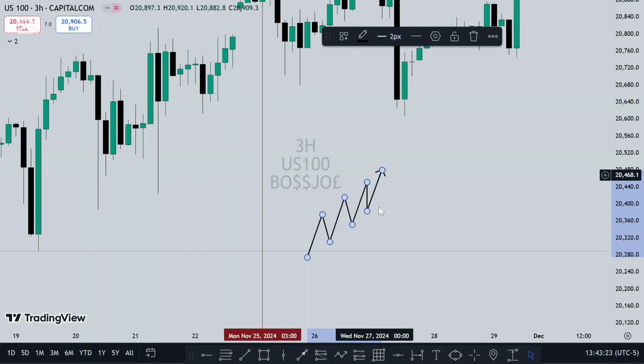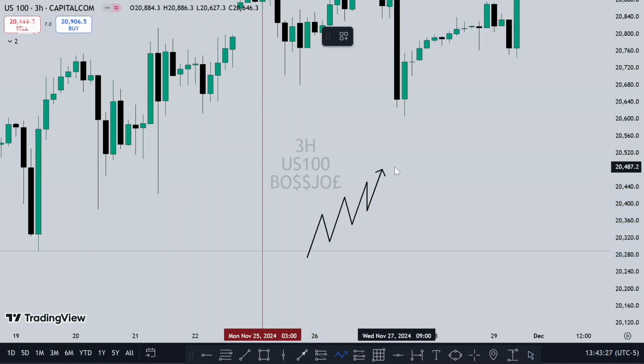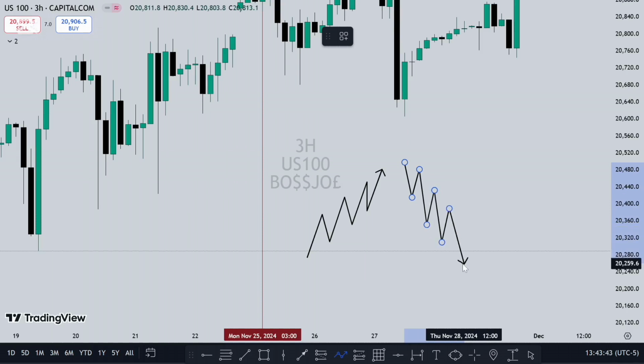Whereas in a downtrend, normal gradual trading activities, the price moves lower low, lower high, lower low, lower high, and a lower low. So this is normal bearish activity, normal gradual trading activities, whereas this is normal bullish trading activity.